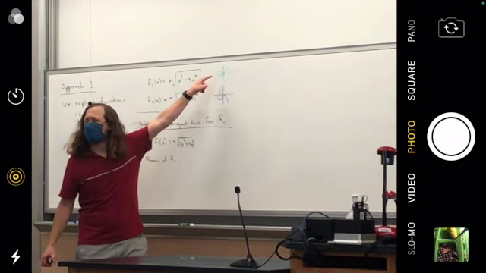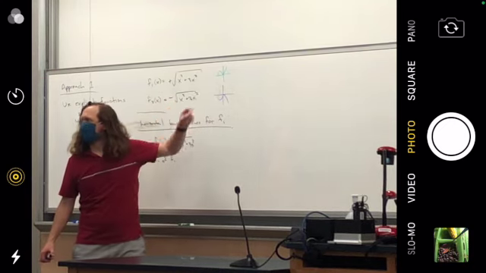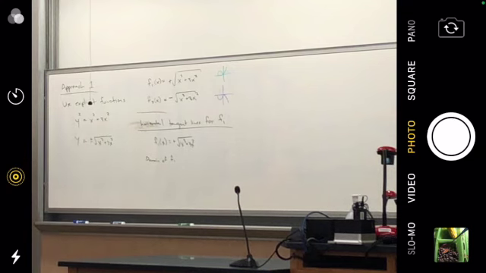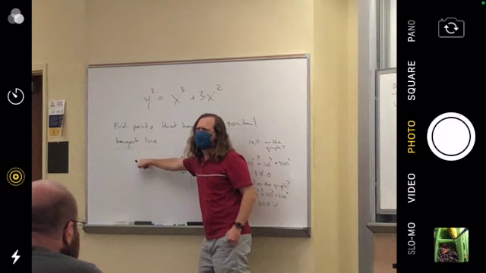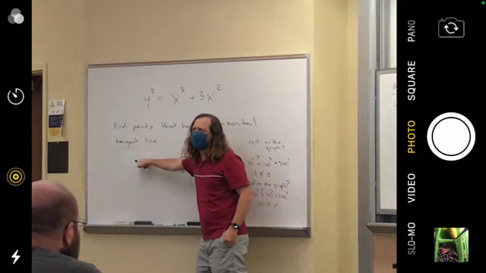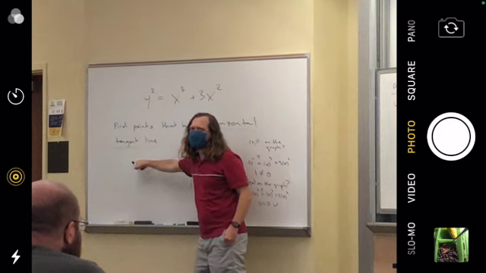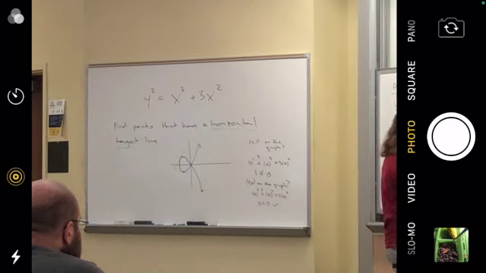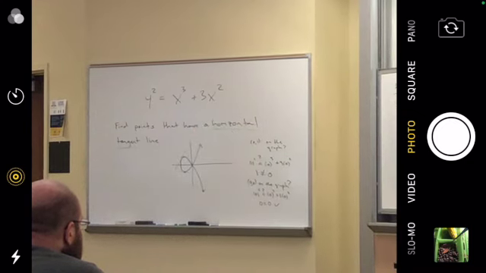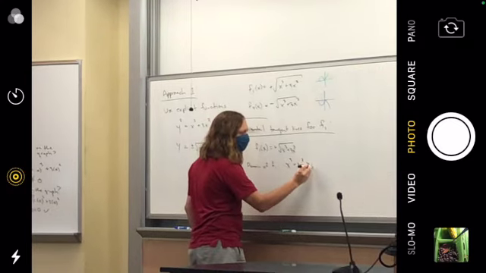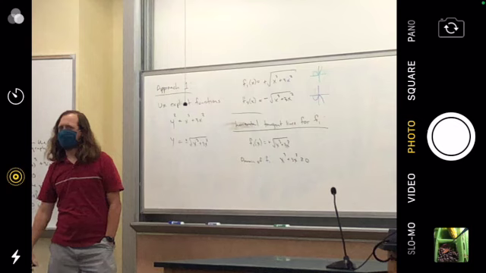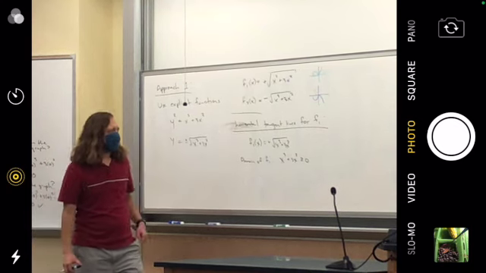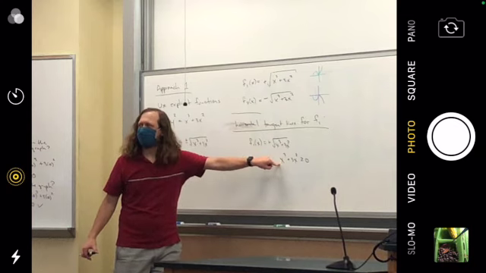Can I plug in every number? Let's say you plug in some x value way over here, do I have a y coordinate? Doesn't look like it, right? When I take a square root, I'm assuming I'm taking the square root of something that's not negative. So my domain says I need this inside part greater than or equal to 0, right? Otherwise I can't plug in that x value. So because I cannot take the square root of the negative, I need this whole input to be greater than or equal to 0.